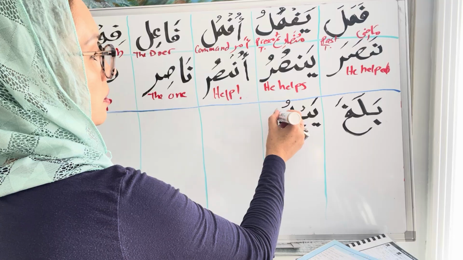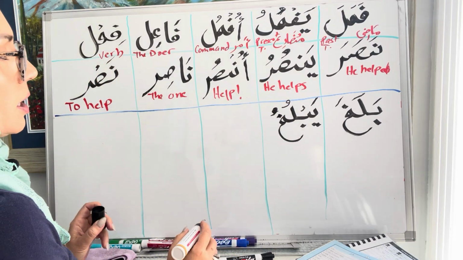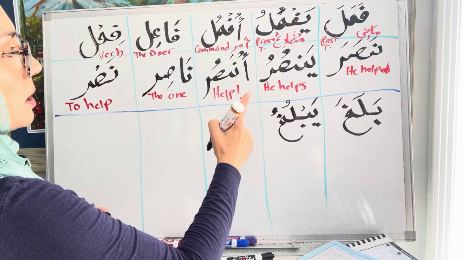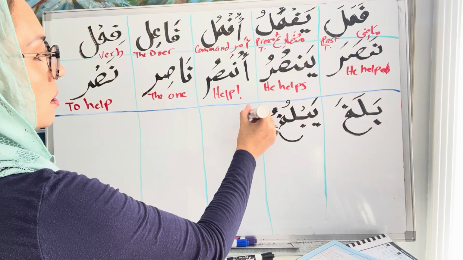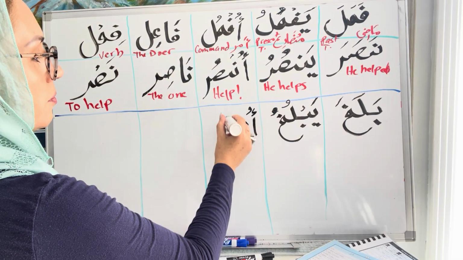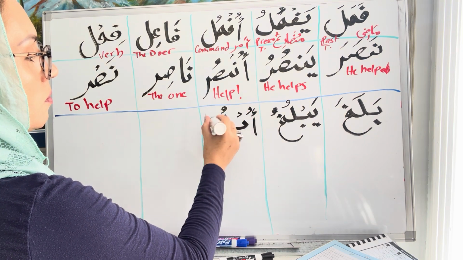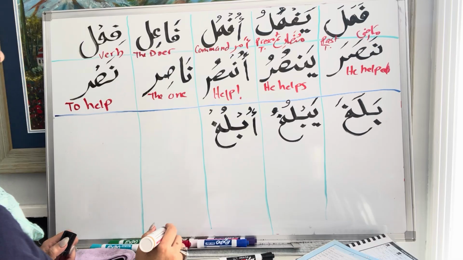Oops, I forgot the dot. Yablughu. Okay, and then amr. So this becomes ublugh. Ublugh.